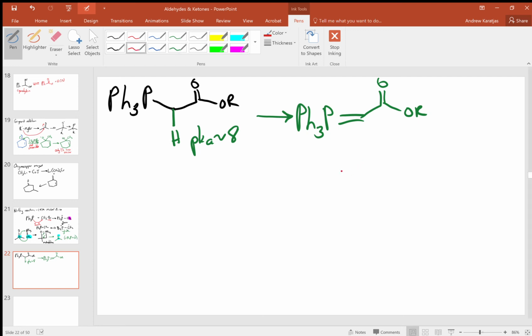Once we add it to a carbonyl, though, we get the exact same reaction that we saw previously. We'll do an aldehyde in this case, but the reaction's the same. Carbon of the ylid attacks the carbonyl. Pi electrons attack back toward the phosphorus.